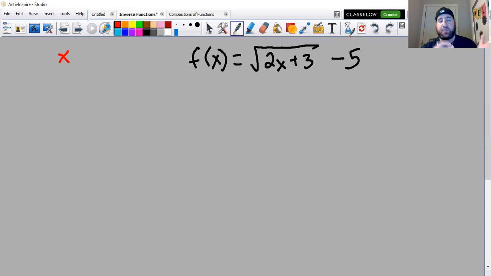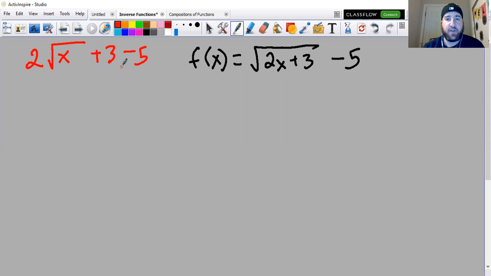It's like how multiplication and division go together, and adding and subtracting go together. So I've got a square root, which I treat like an exponent, multiplying, adding, and subtracting. So I have to do the square root first, then multiply by 2, add 3, subtract 5.